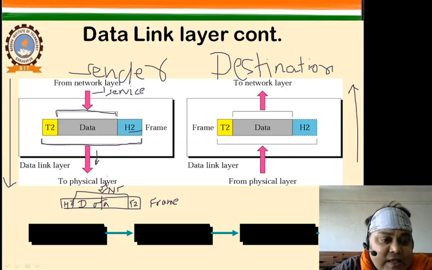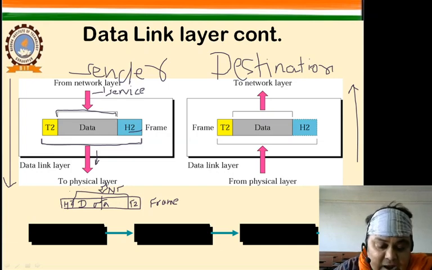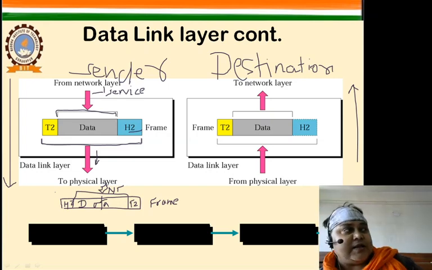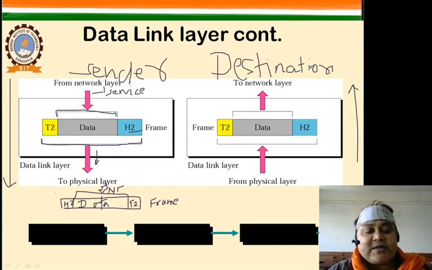That layer is the physical layer in the OSI model, and that frame is sent to the physical layer. And after that this physical layer sends your data through the transmission line, and this transmission line again sends your data to the destination physical layer.